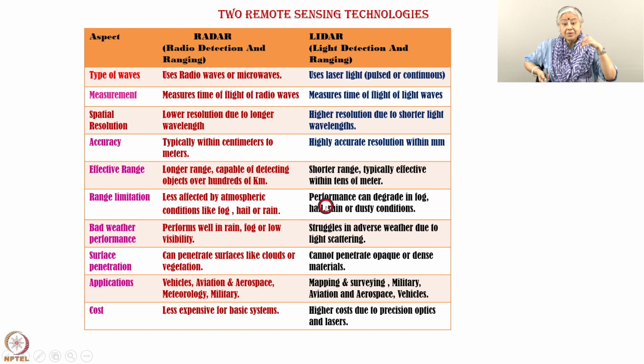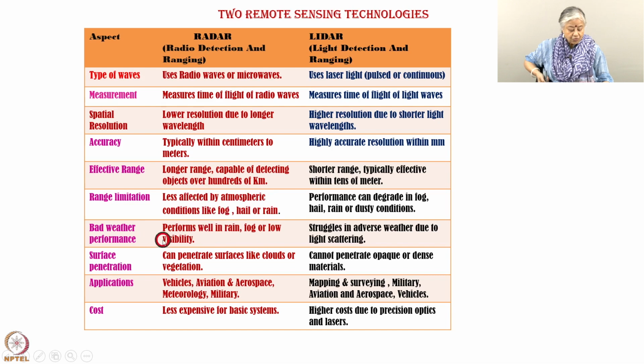Your object may be beyond the snow and the fog, the object that you want to measure, and that is stopped by the screen. While in case of radars, they can pass through these particle sizes. So, it has a longer range in that sense.